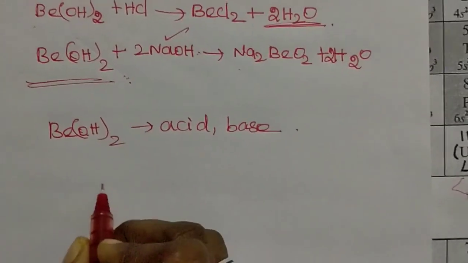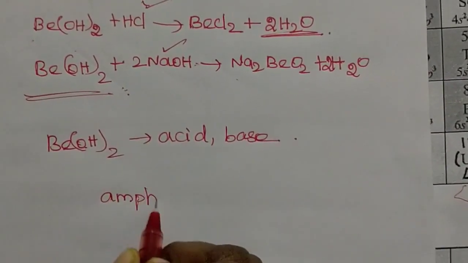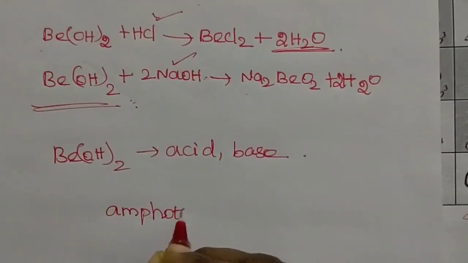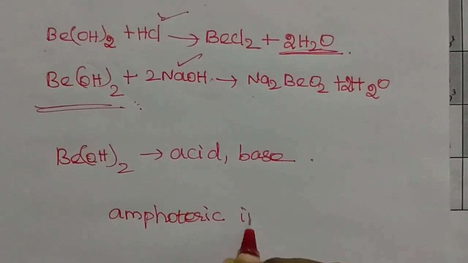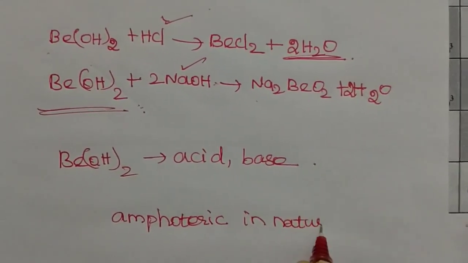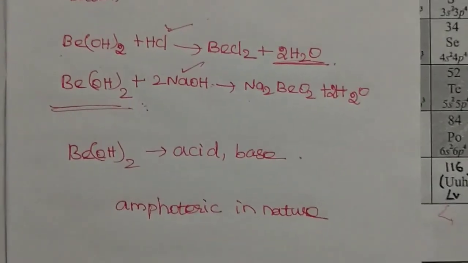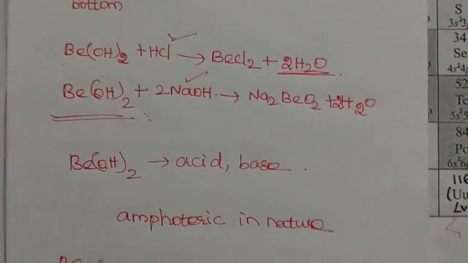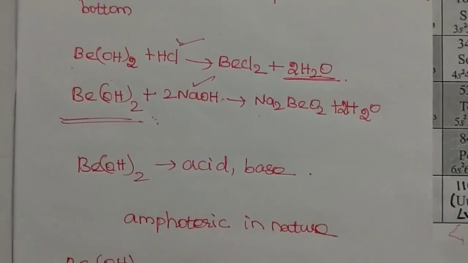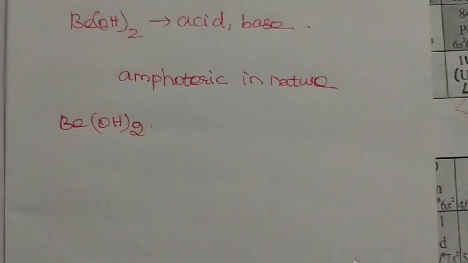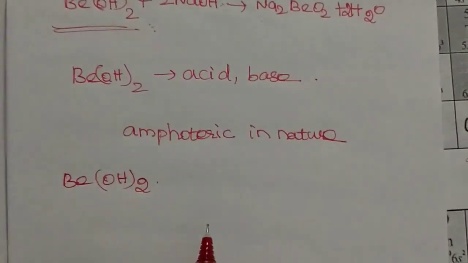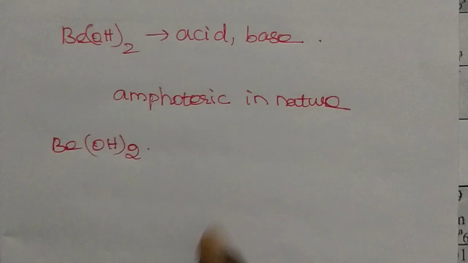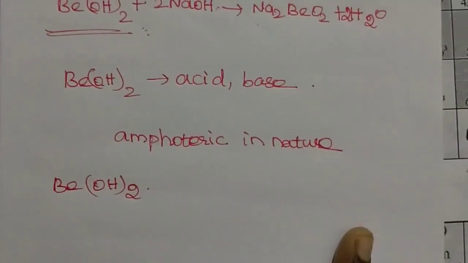So we can call this amphoteric in nature. An example of an amphoteric compound is beryllium hydroxide. So unit 3 is completed up to this topic.